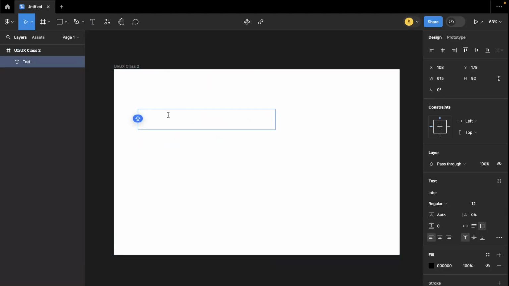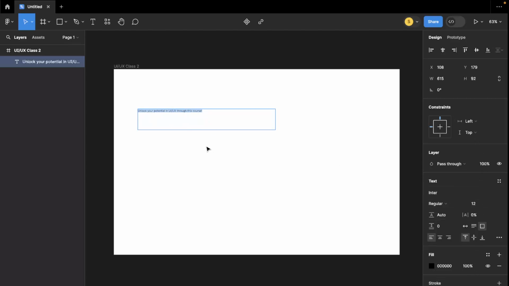I'll just type: welcome to the course of UI UX, or I would say, unlock your potential in UI UX through this course. Just type something. I'm selecting all of this. Just use your mouse, select all this, or just Control A for Windows users, Command A for Mac users.